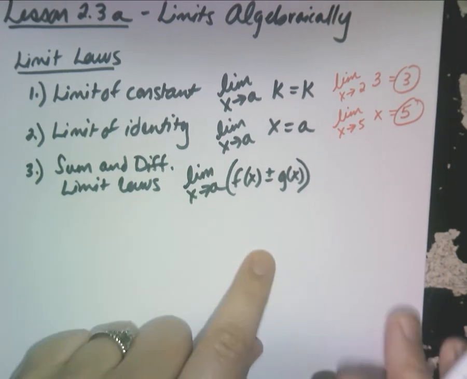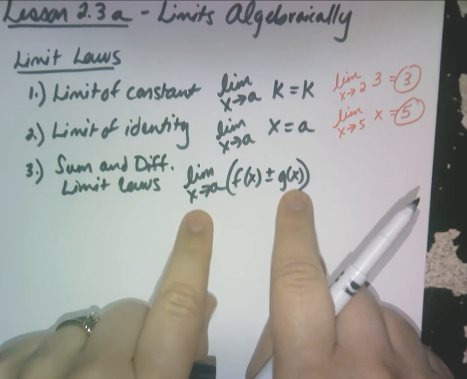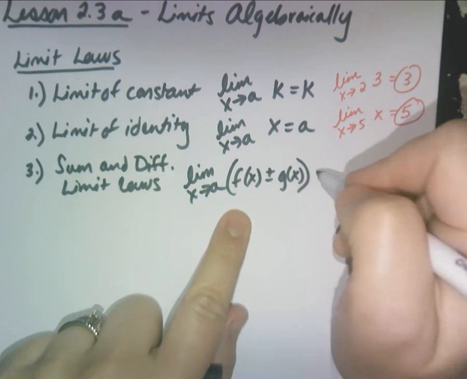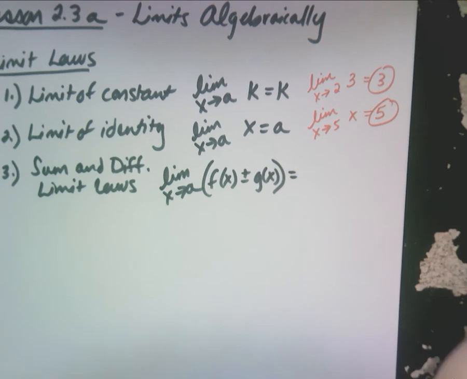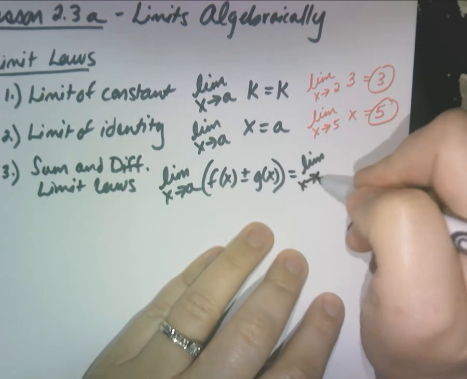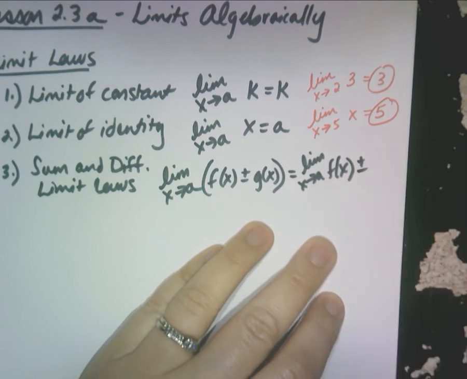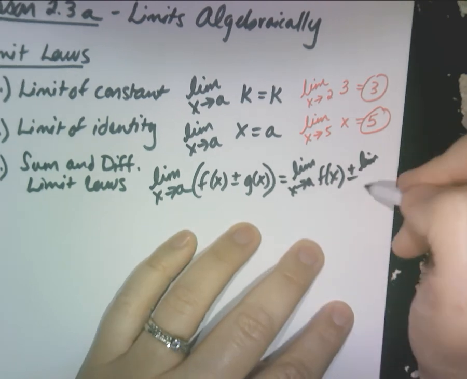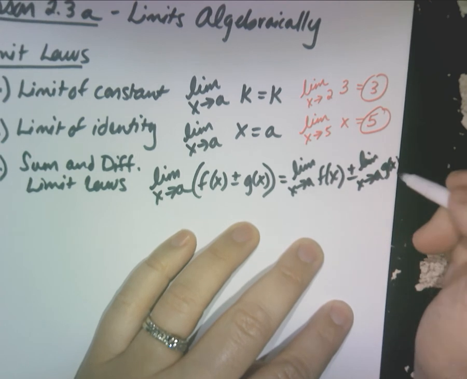Meaning if you're adding 2 functions together and you're taking the limit of all of it, you can actually separate that into each limit. I don't want to use the word distribute. It's not the right word, but that's really kind of what you're doing. You'll see what I mean. Meaning you take the limit as x approaches a of f of x, and you add or subtract that to the limit as x approaches a of g of x.